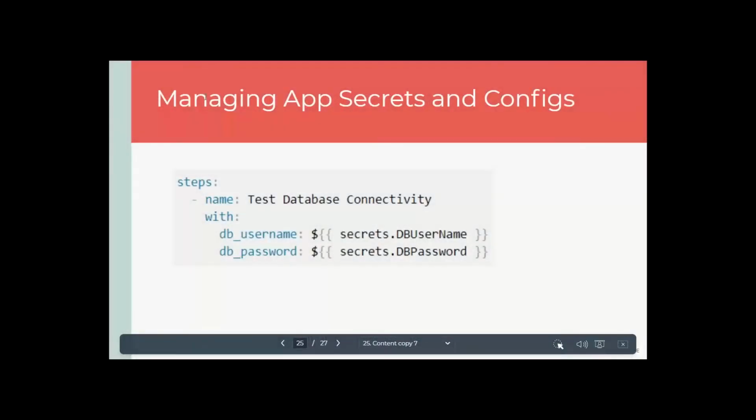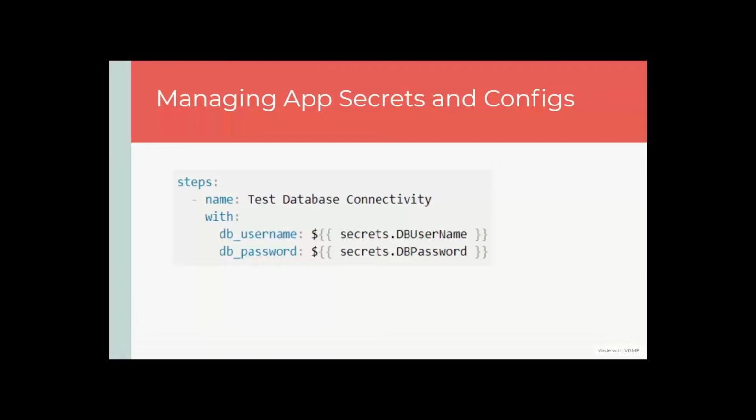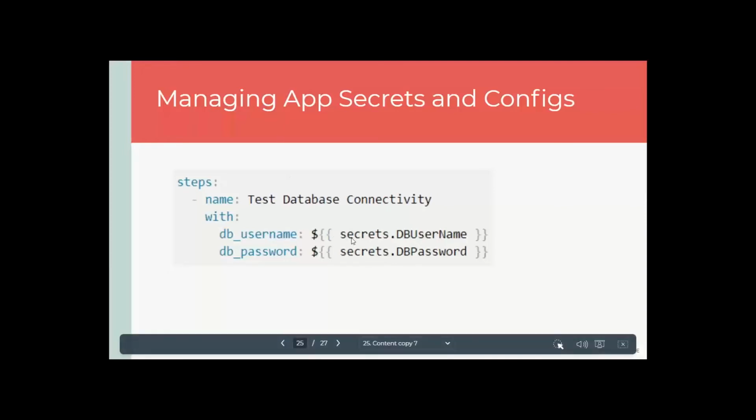One more thing also: how we can manage the app secrets and configs with GitHub. Sometimes we will be passing the credentials at build time, right? If we want that at build time, then the runner should have the ability to receive the secrets, and during the build they will be injecting the password in the application binary. For example, this is the placeholder.